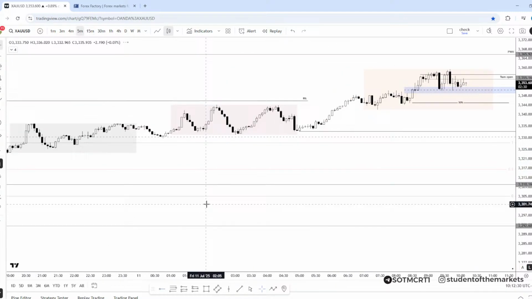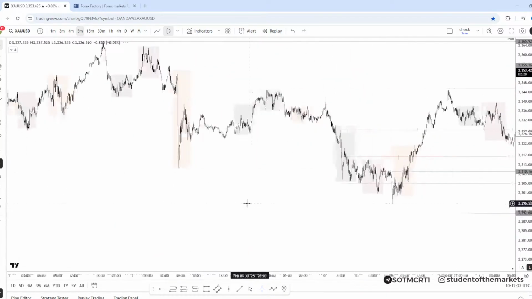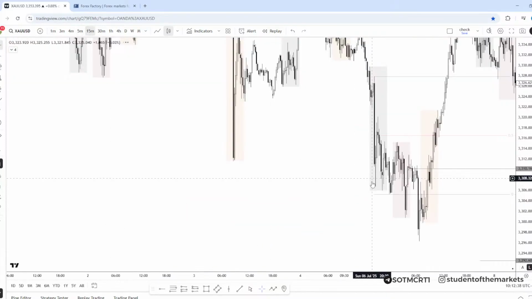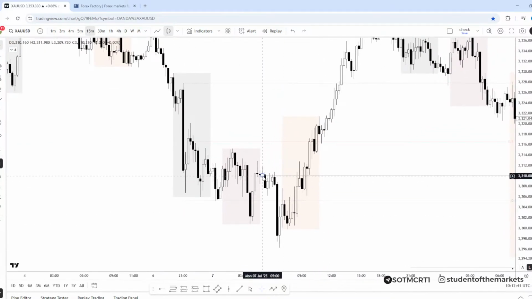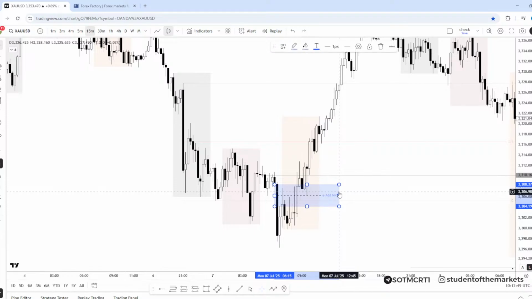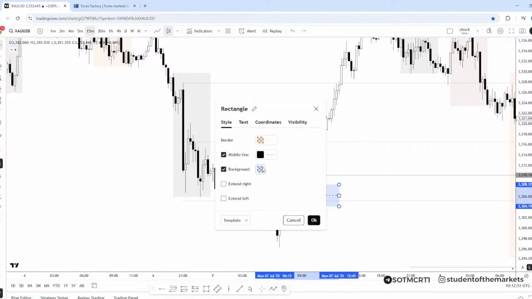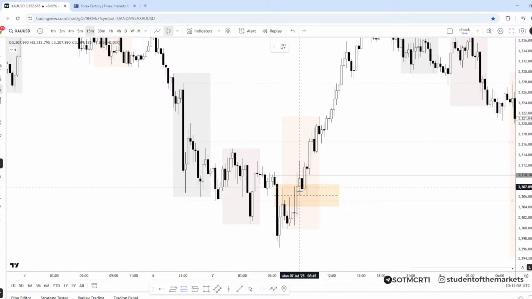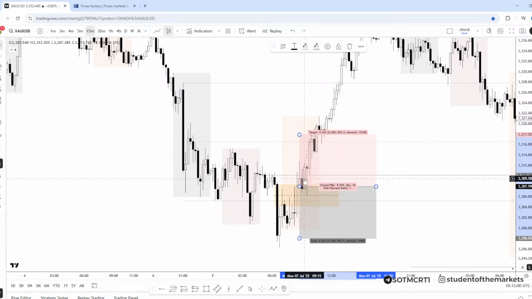So we go to the 5 minutes, and as you can see, price right here is pushing to the downside. So where do you want to look for buys? Obviously below the candle open. Most likely the best buys were right here, where you had the inversion fair value gap. You're buying right below the candle open.